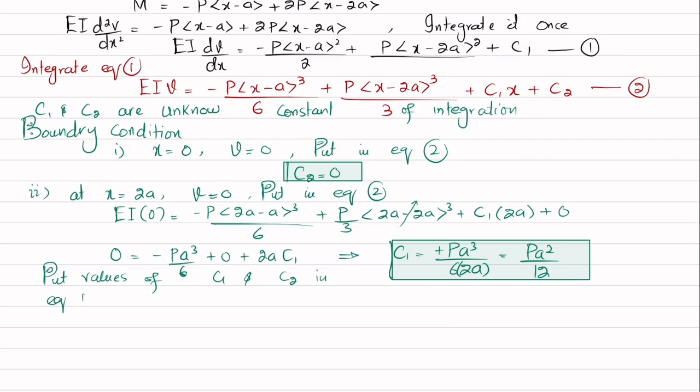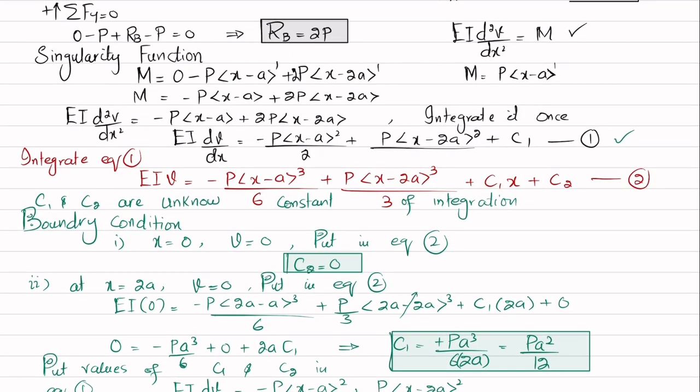You will get EI dv/dx is equal to minus P times (x minus a) whole square over 2 plus P times (x minus 2a) whole square plus C1, which is equal to Pa square over 12.